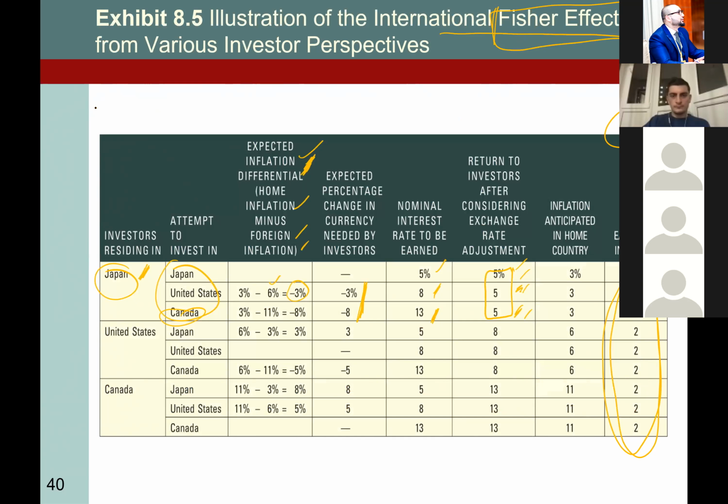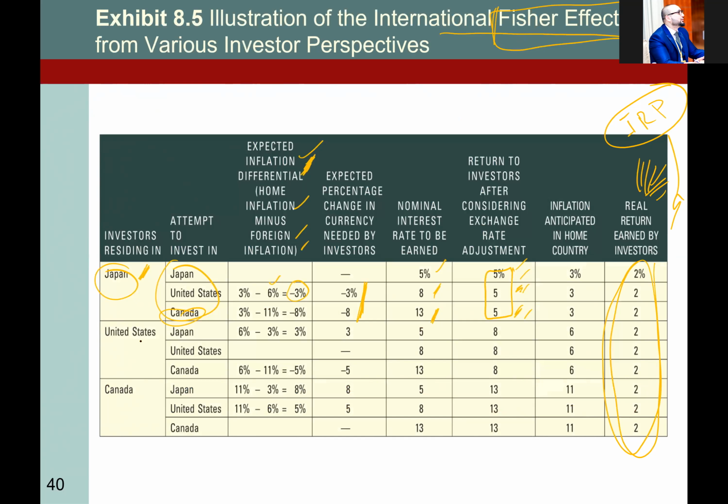So look at the second example, that is the United States. In the United States, the interest rate is 8%. So you will end up earning 8% no matter where you invest. Either you invest in Japan or you invest in Canada, you will end up earning 8%. Right? Your return would be 6% due to the inflation, and 2% is the real one.